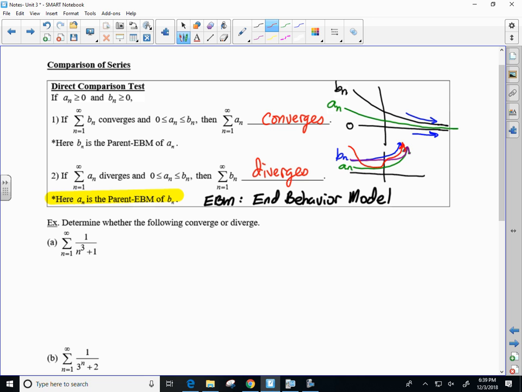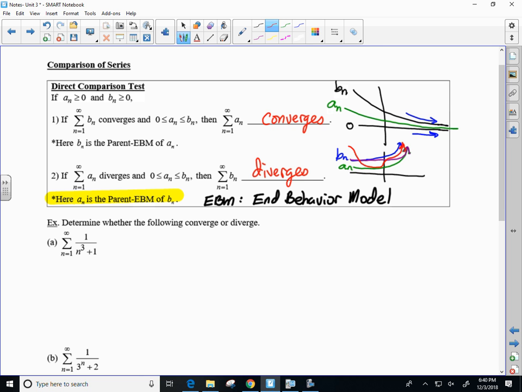But still, at the very end, you would have to turn upward because you're restricted. You can't go past B sub n. So no matter how you draw it on the left-hand side, as you go to the right, it has to take on the same shape as A sub n, or at a minimum, go out to infinity. All right. So if we know that A sub n is divergent, then we'll know whether or not B sub n is divergent.